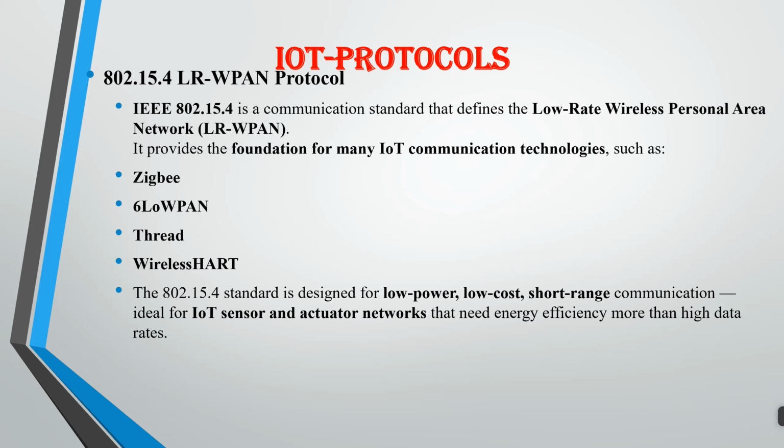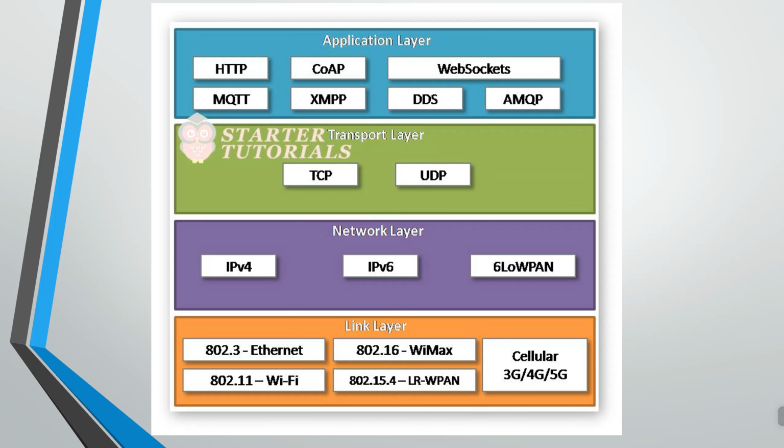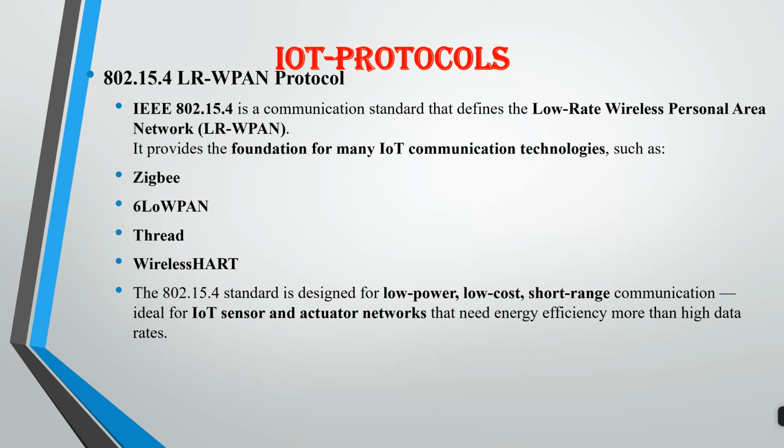So when it comes to the 802.15.4 LRWPAN protocol, which works at the link layer, it's a protocol which defines the low rate wireless personal area network. It's a very small network based communication which is used in IoT based communication.